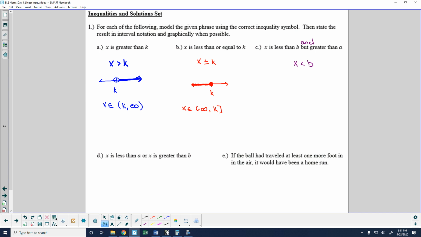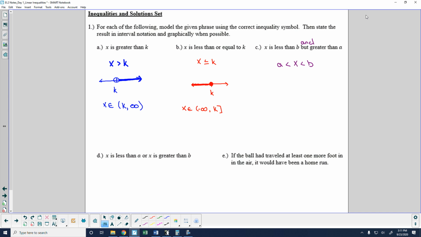It's also greater than a. So I'm going to go ahead and combine these two and have an inequality symbol opening to x, saying that x is greater than a on the other side. So if I read this in one string, the way that it's written, it would say a is less than x, that is less than b. That's okay. It still means the same thing as x is less than b and, or but, greater than a.